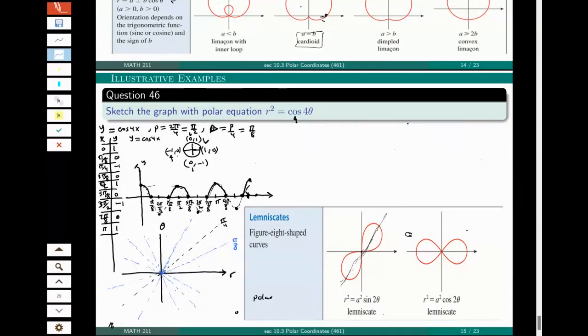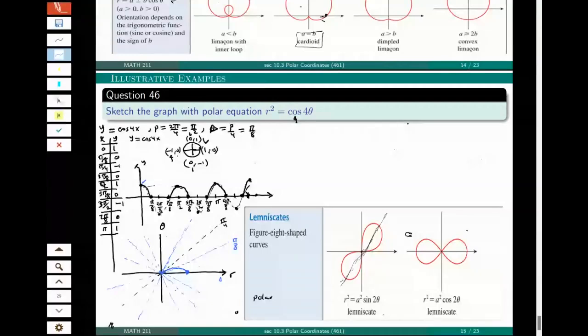When theta is 0, our radius is 1. So we will say that is 1. When it goes to pi over 8, it goes to 0, so it will be this way.